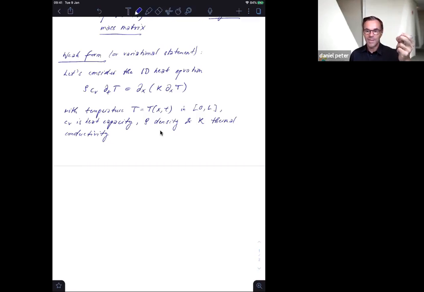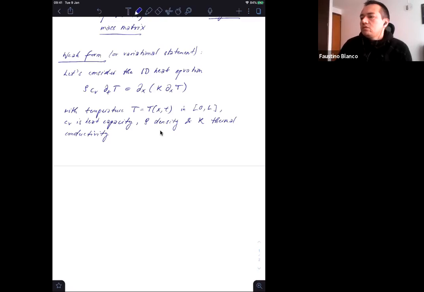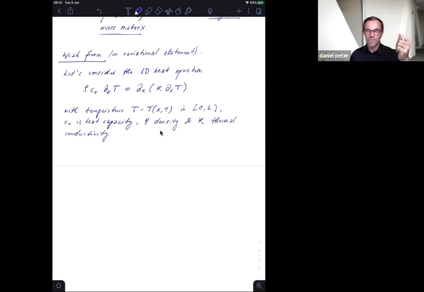What would be the second step? Do the integration within the, between 0 and L in this case, for example. Right. Then we integrate over the physical domain, which is from 0 to L here. Good. So when we do that, we find the weak form.